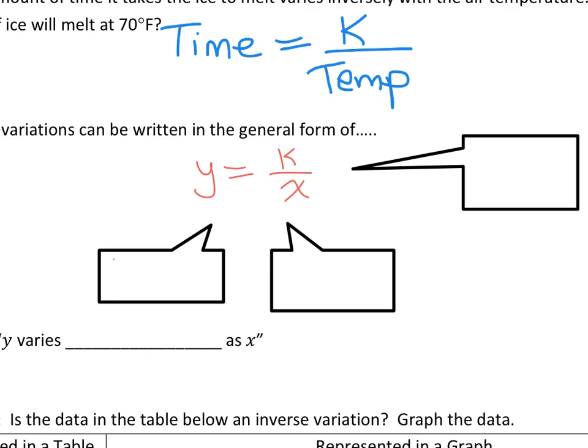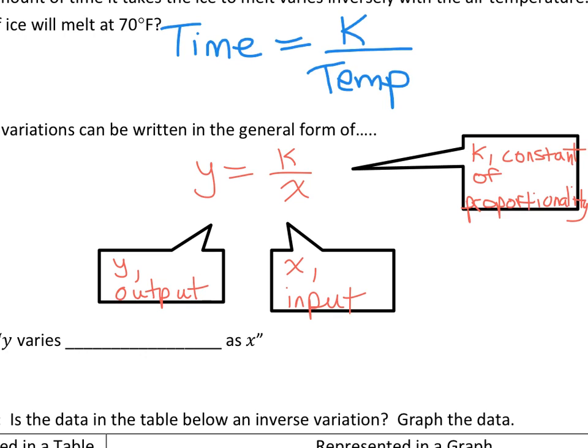by x, where y again is our output and x is our input, and lowercase k is our constant of proportionality. I didn't leave enough room here for this big word.